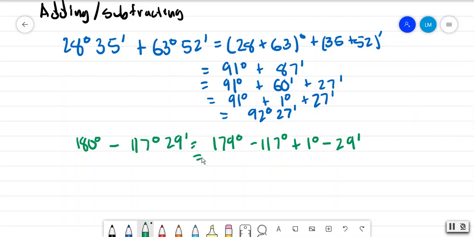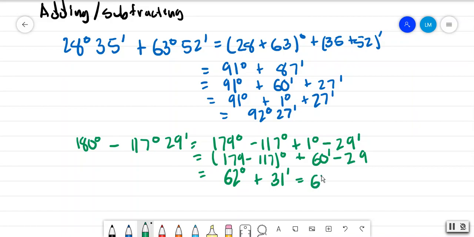So you have 179 minus 117 degrees, and then you have plus 60 minutes minus 29. Now what this does is it gives us 62 degrees and 31 minutes, and that's it.